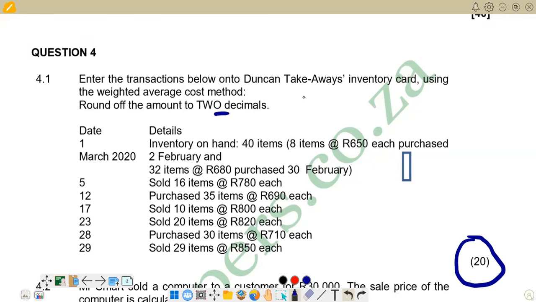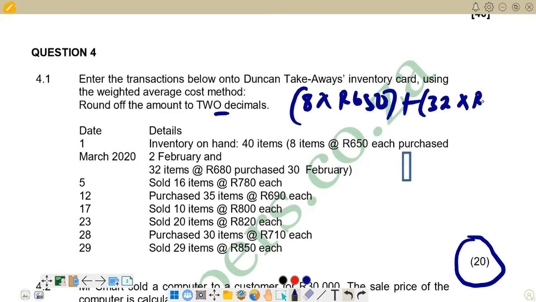So what does it mean? It means you're going to say 8 times 650 rands. Then you add the second batch, which is 32 items at 680, which means 32 times 680.